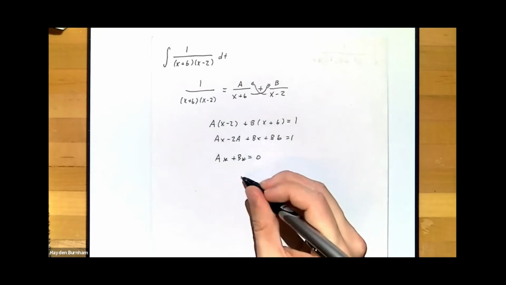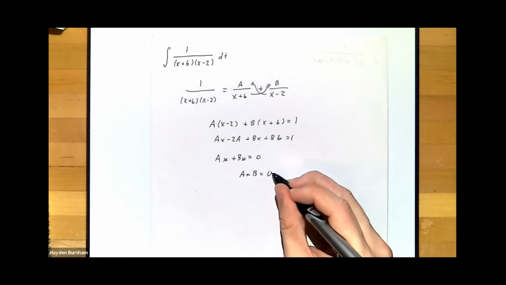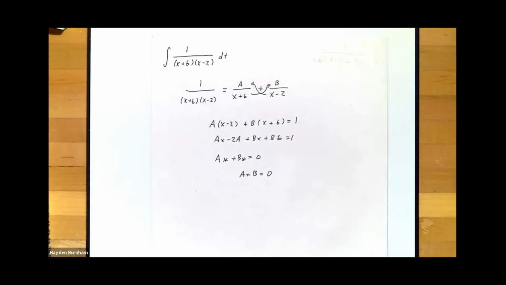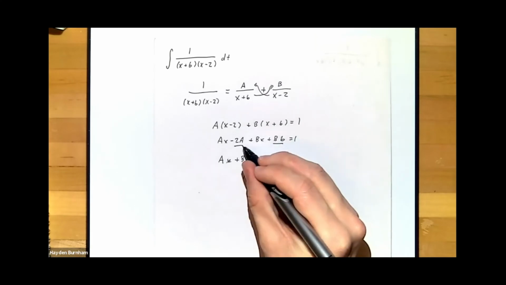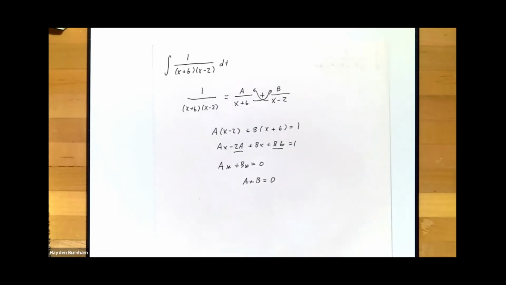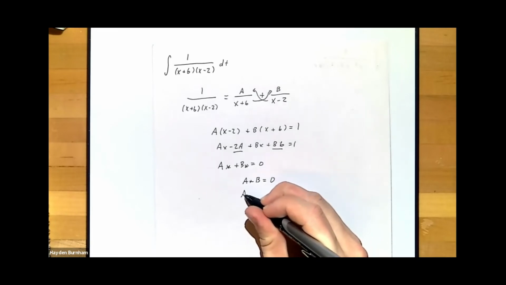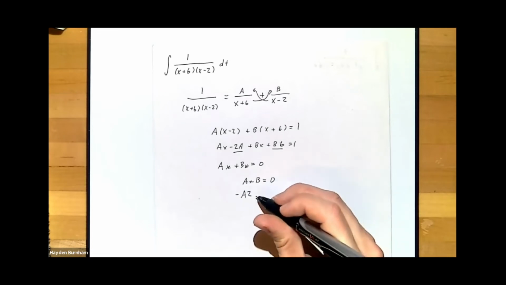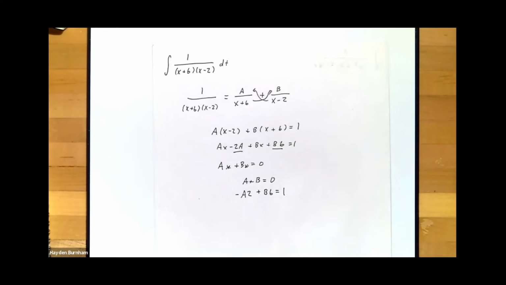And you can just bring out the x. So we know that A plus B has to equal 0. Similarly with the other terms, we know that this term and this term added together have to equal 1. So we know negative A times 2 plus B times 6 has to equal 1.